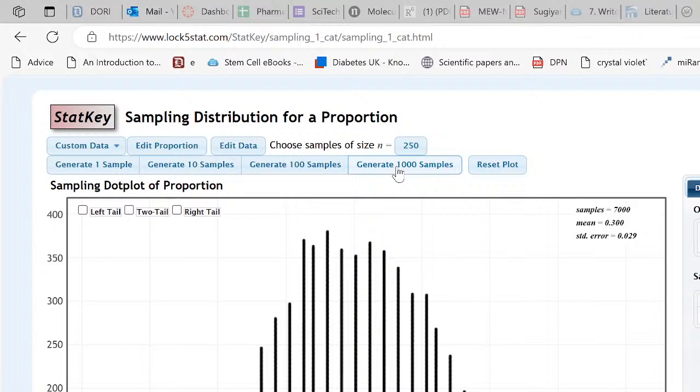The standard deviation. We're going to label it like this, and it is the square root of p times 1 minus p over n, n being the sample size.